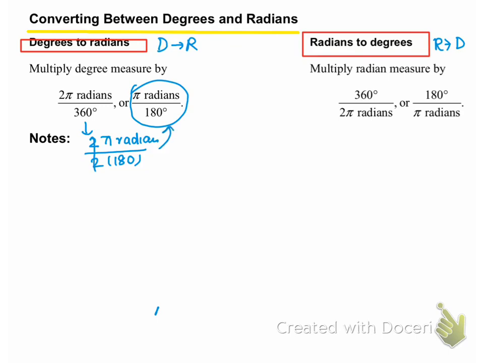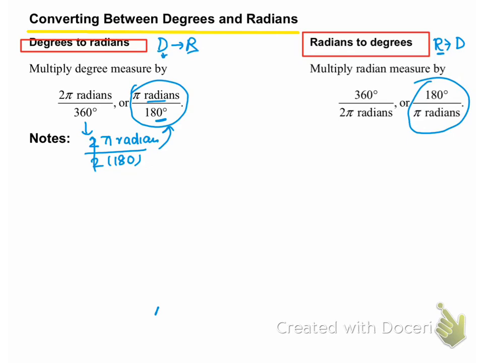So keep in mind, if it's degree to radian, the degree is supposed to be in the bottom, and the radian part is going to be on top. And when you're doing radian to degree, radian is supposed to be in the bottom, so pi over 180 gets flipped here, it's 180 over pi.